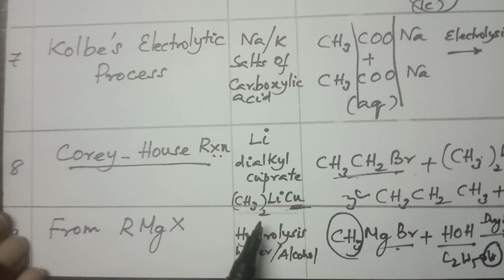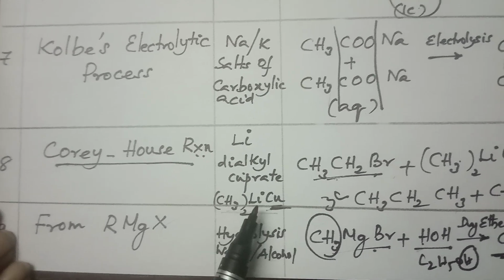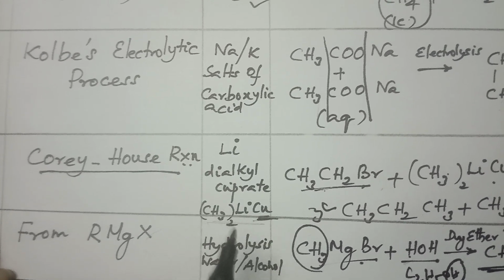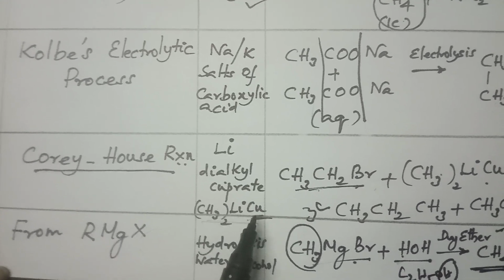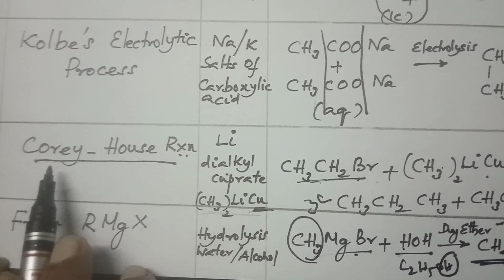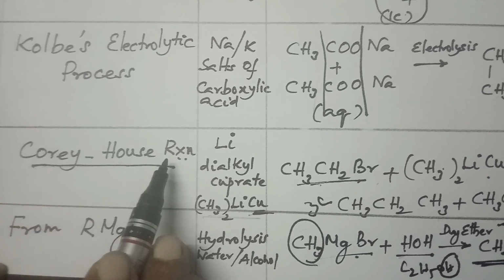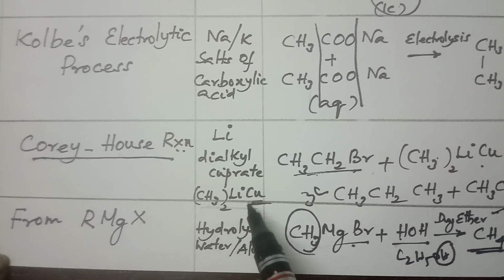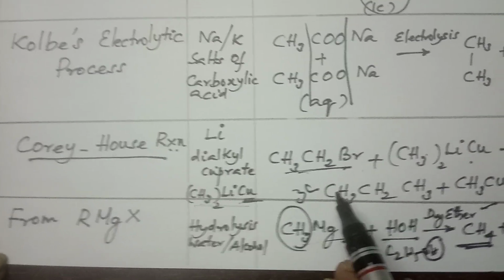Okay, now we are moving to the next one. What is written is dimethyl lithium cuprate. Always focus on the formula, dimethyl lithium cuprate. Here copper is coming, so with the C, I am correlating the Corey-House reaction. By the reagent you are identifying it. What is the nature of the reaction?